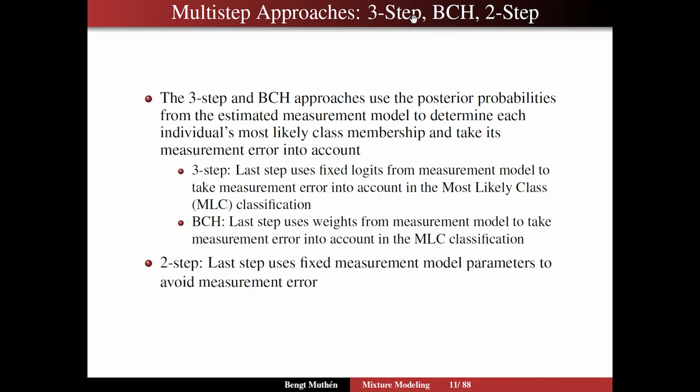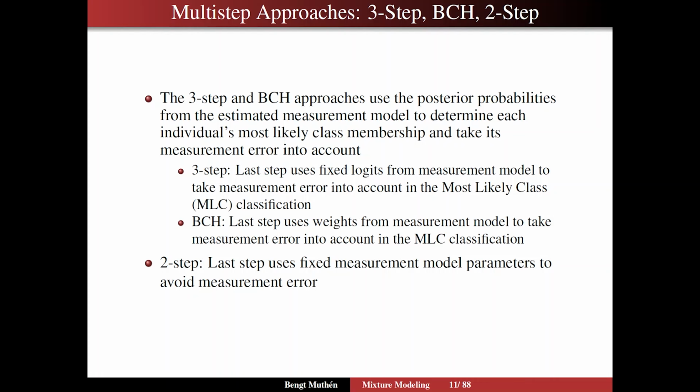So 3-step and the BCH approaches use the posterior probabilities from the estimated measurement model to determine each individual's most likely class membership and take its measurement error into account. And we describe that in detail in Webtalk 8. So in 3-step, the last step then uses fixed loaded values from the measurement model to take measurement error into account in the most likely class classification.